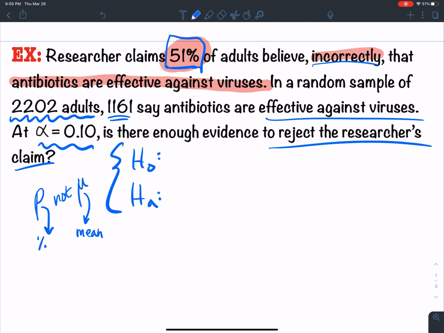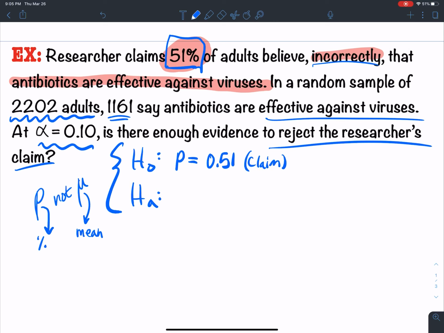So the 51% claim incorrectly that antibiotics are effective. This is the claim. p equals 0.51, 51%. That's my claim.